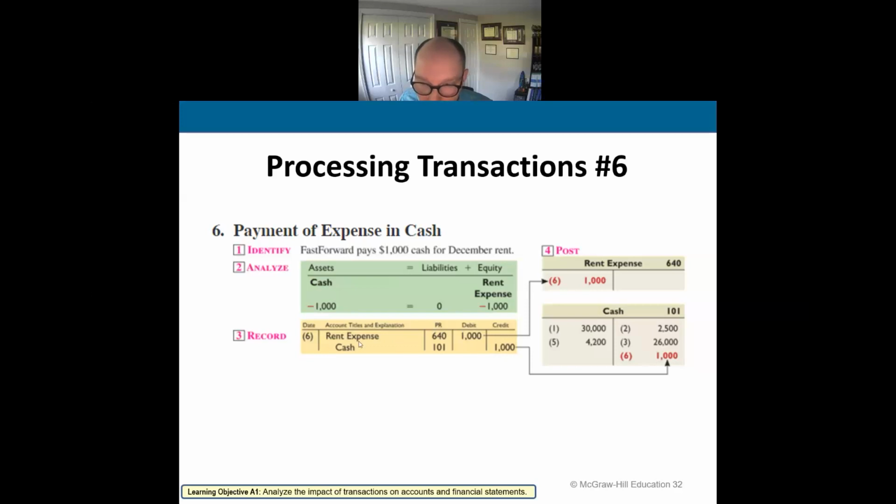Rent expense, as you know, is an expense account which falls under equity, ultimately. And as you recall, expense accounts have a normal debit balance. Revenue accounts have a normal credit.